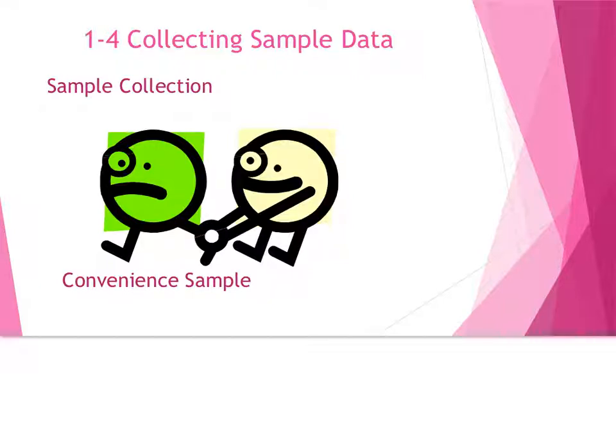That's convenience. Like it or not, if they all know you, they already share similar interests, similar viewpoints, that's what makes the sample biased. The second way a convenience sample can happen is when the people who answer the survey kind of have to volunteer to do it. They've come across the survey on a TV show or on a website, and it's just sitting there asking them to text or call in their opinion or their vote.